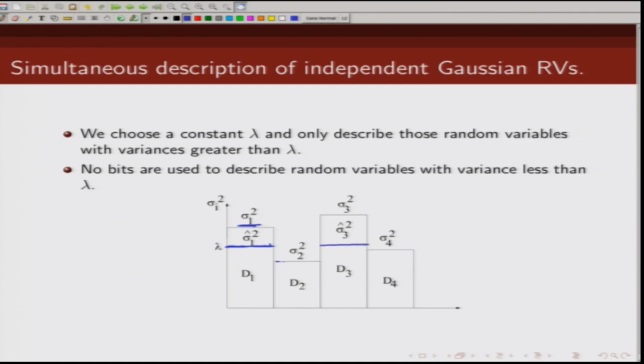However, for d2 and d4, lambda is greater than sigma square. So in this case, the distortion will be given by sigma 2 square and sigma 4 square. And as I said, this is interesting. We are only going to describe those random variables whose variance is greater than lambda, and no bits are going to be used for those random variables whose variance is less than this threshold lambda.